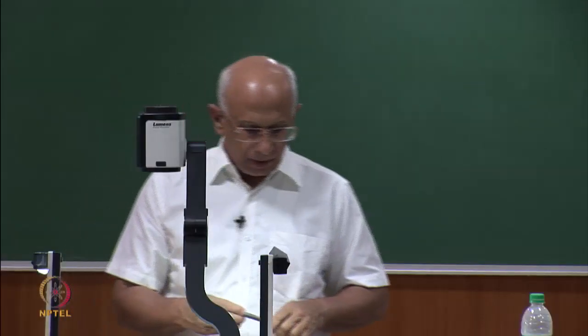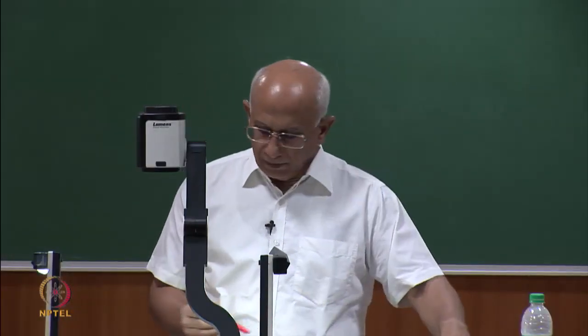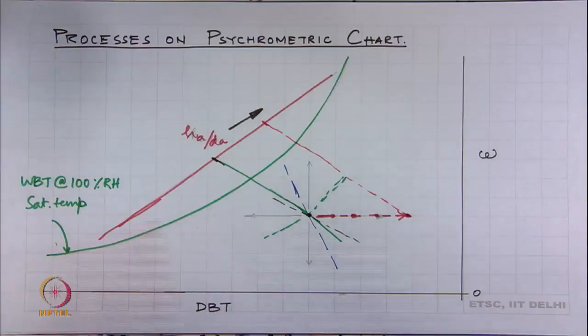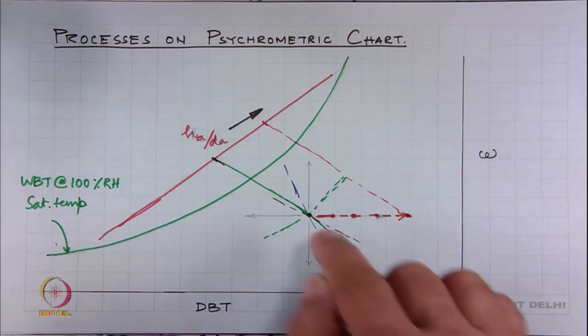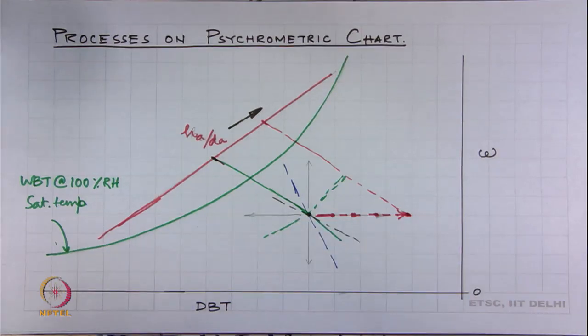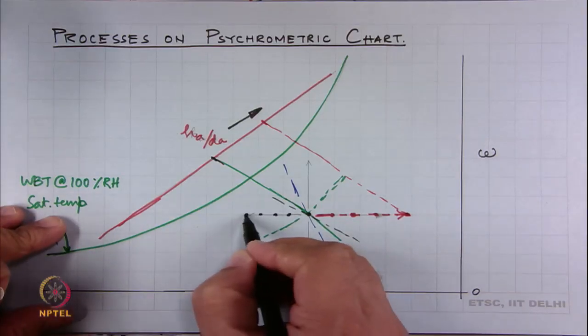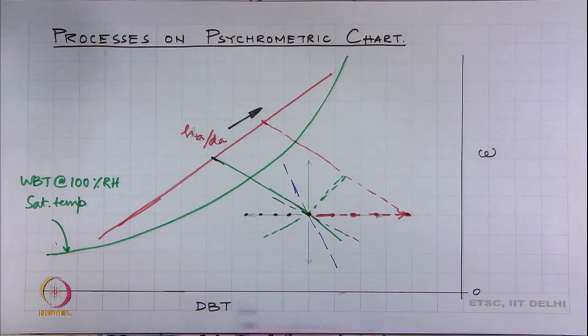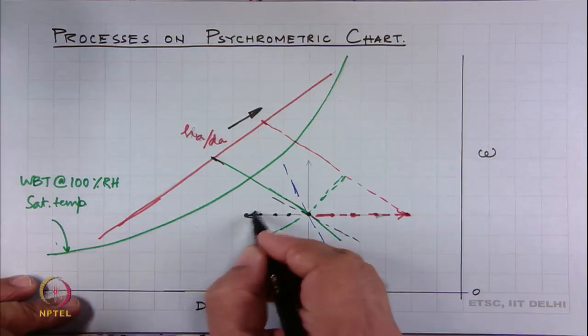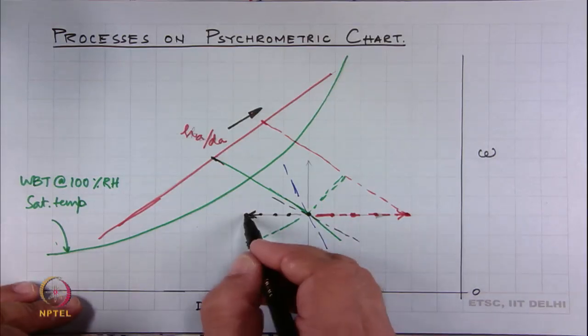Now, let us look at the second application, where we are going to do sensible cooling only. What we are saying is that this was the state, and we cool it, and we realize all these states coming up here, so this becomes the final state over there.